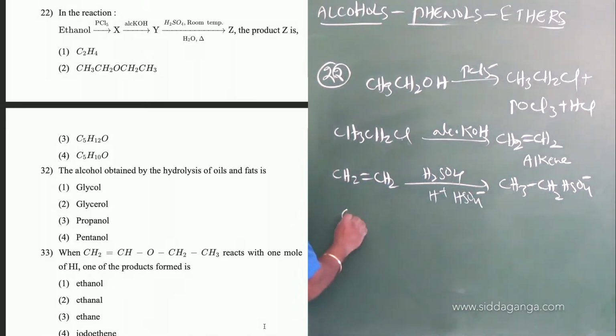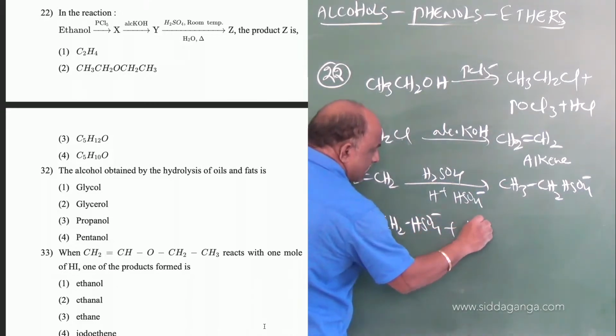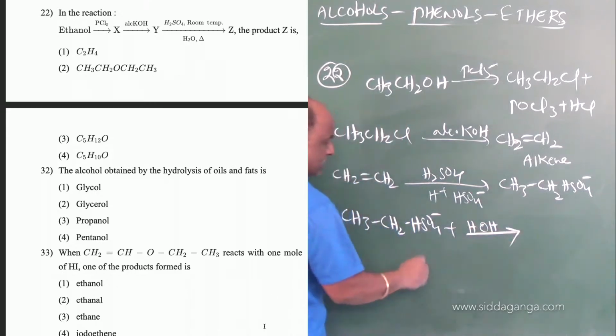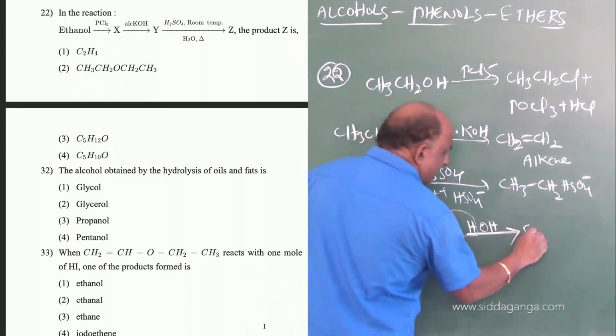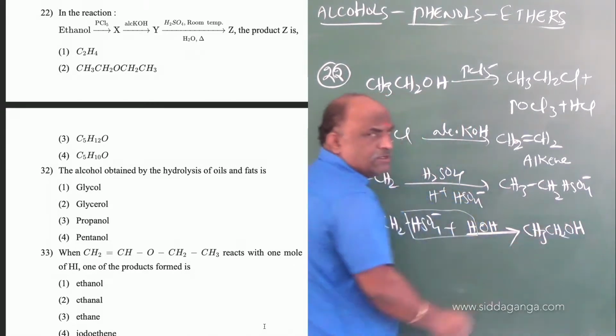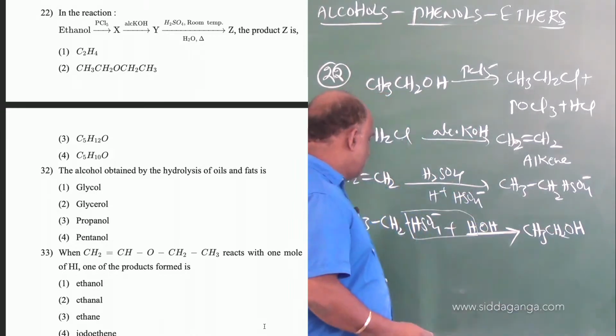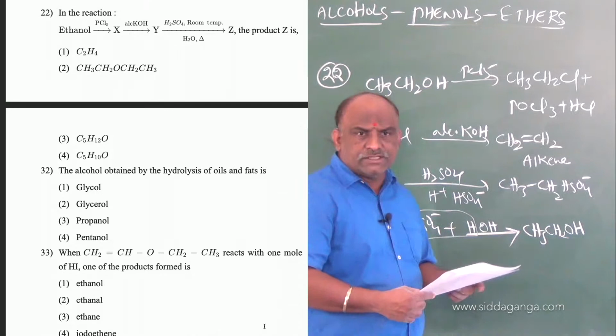So addition of water to CH3CH2HSO4. What is water? Water is HOH. Again you remove sulfuric acid from this, and the answer is CH3-CH2-OH. Simple. Finally, what do we get? CH3-CH2-OH.